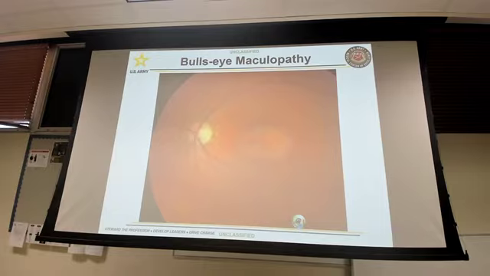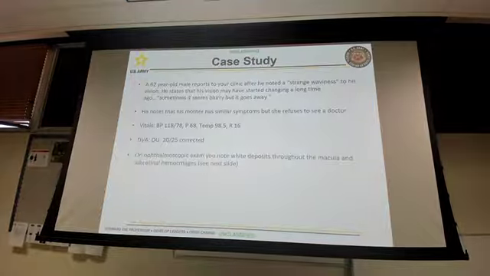That is all of the new conditions for this block of retina. There are quite a few case study slides. Since we have some time, we'll go over a couple of them.